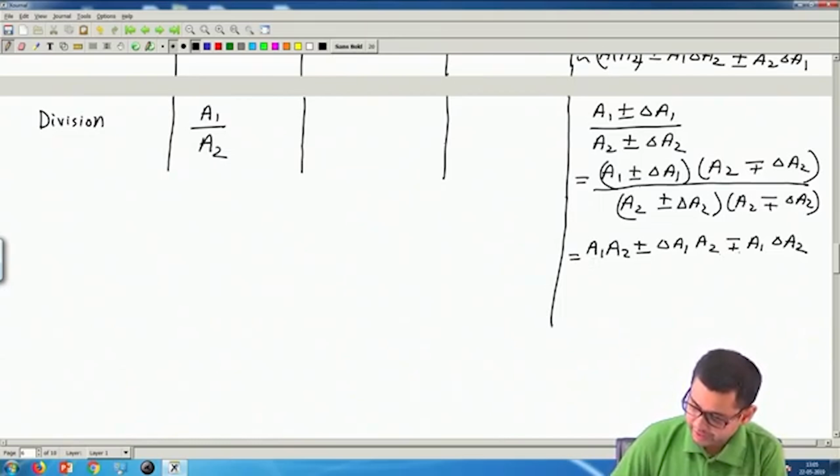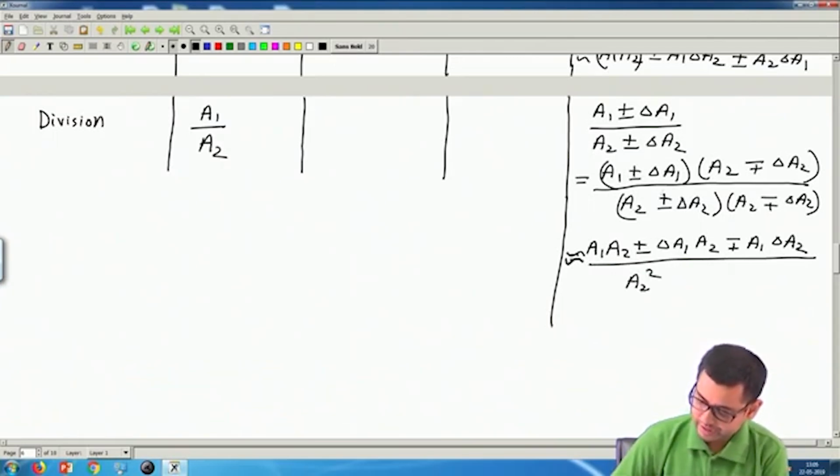Okay, and now ignoring the product of two small terms, this is approximately equal to this. Then let's divide it by A2 square. This is like A plus B and A minus B, which is A square minus B square.